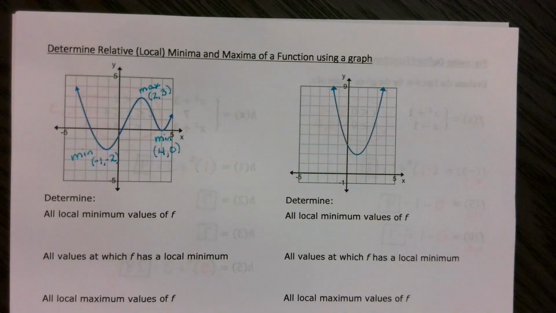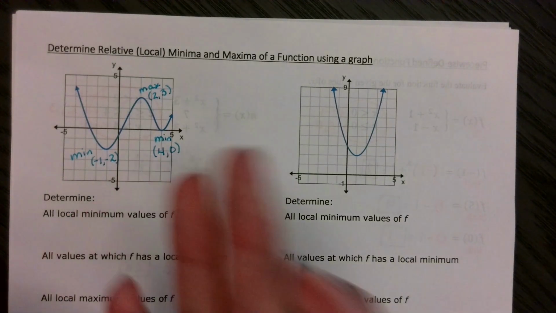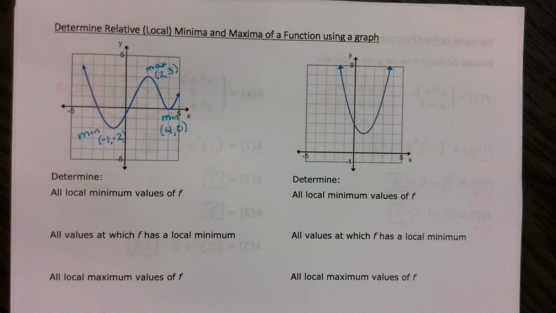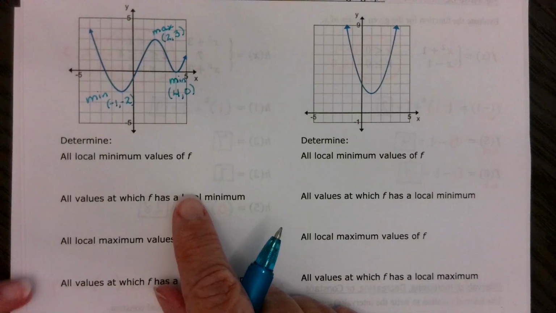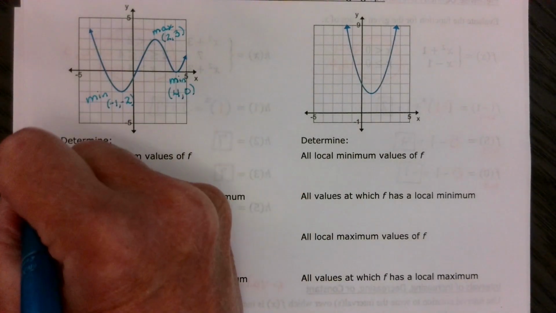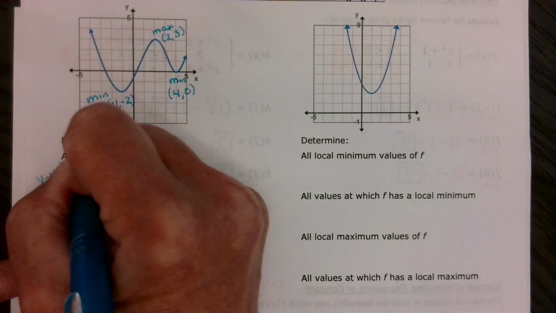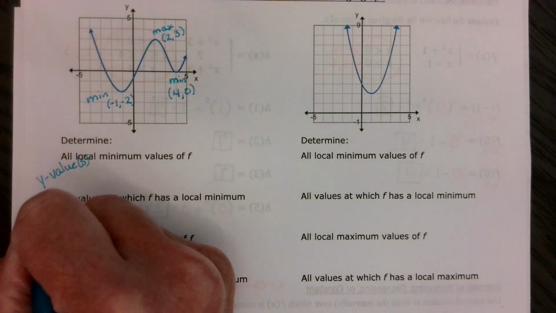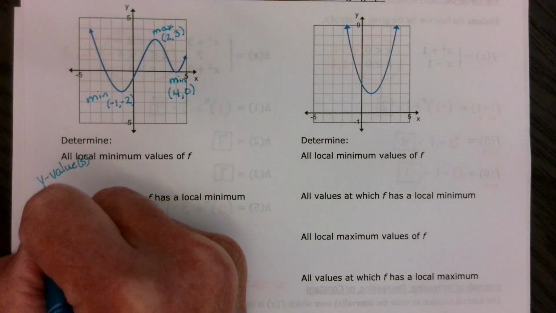Now, if I asked you for the minimum and maximum and I said an ordered pair, you just give me those points. If I ask it like this, or Alex asks it like this, these are your y values, value or values, and all values at which f has that local minimum, that's your x value.